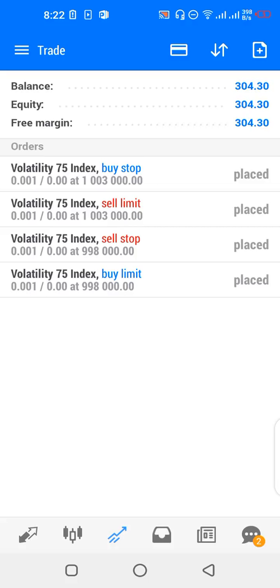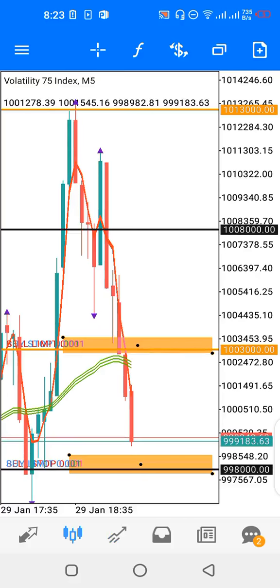I'm starting with the lowest lot size, which is 0.001 on Volatility Index 75. My minimum balance is $300 for the starting lot size of 0.001.